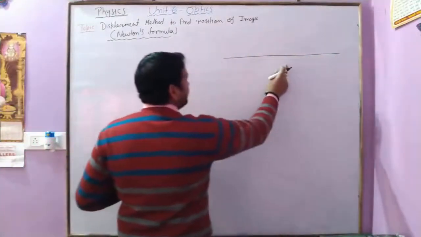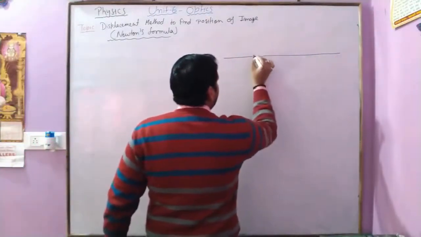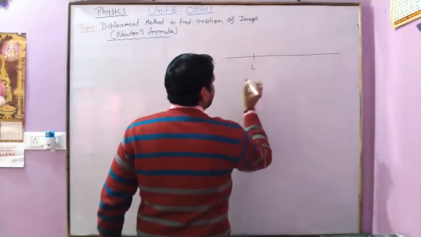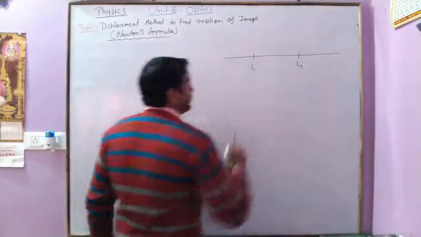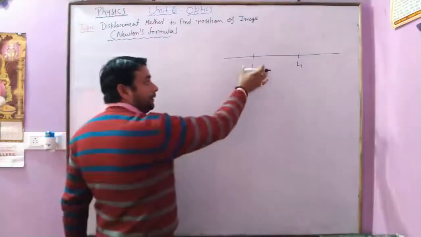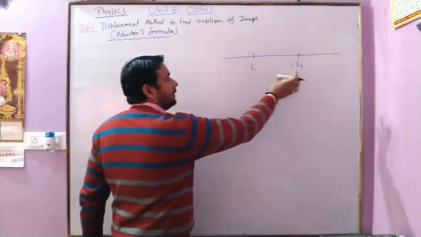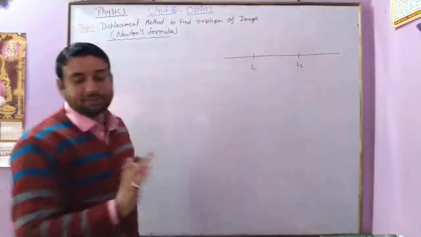Okay, this is the principal axis, and this is location 1 for the lens and this is location 2 for the lens. On any location the lens can be fixed.